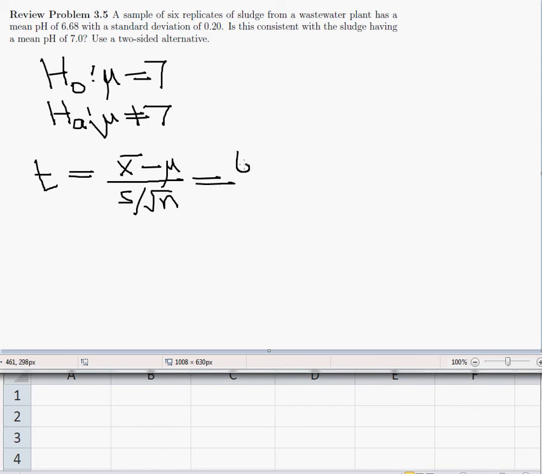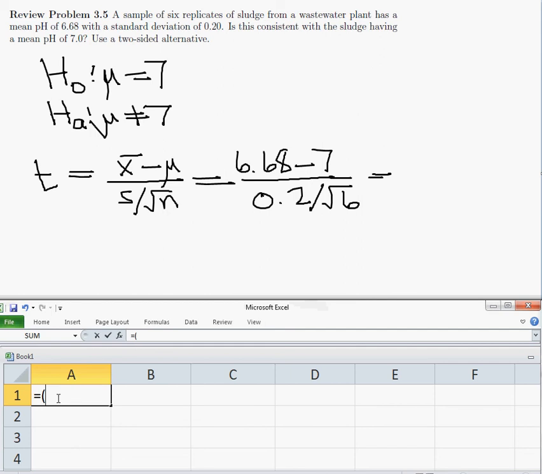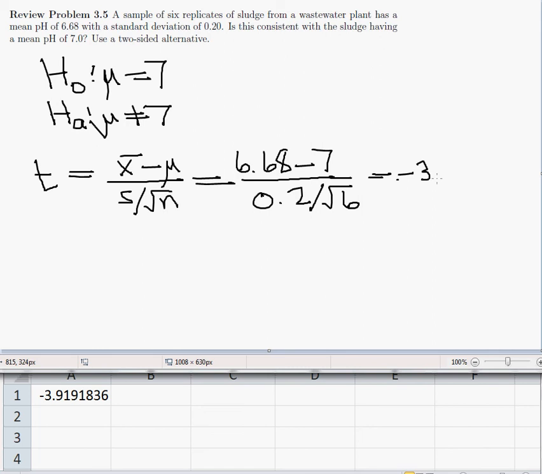In our problem, that is 6.68 minus the hypothesized mean of 7 divided by 0.2 over the square root of 6. So I get a t-value of negative 3.919.